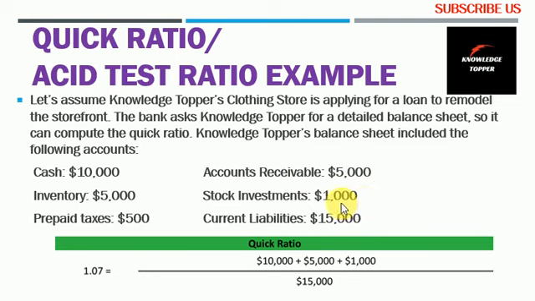Then if we divide by 15,000, we get 1.07. And if we total these values, 10,000 and 5,000 gives 15,000, then we have 5,000 of inventory as well, so it is 20,000, then 1,000 more, so 21,000, and then 500 of prepaid taxes, so we have 21,500. So these are basically all our current assets.